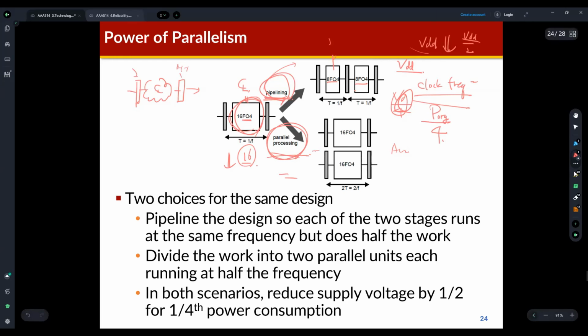The combinational logic has the same delay, and we invest more combinational logic, 2x. Then in order to achieve the same performance, we can reduce the clock frequency by half, 1 over f.